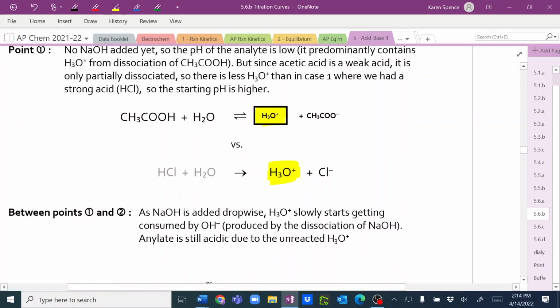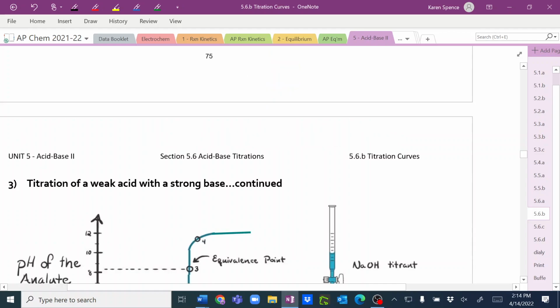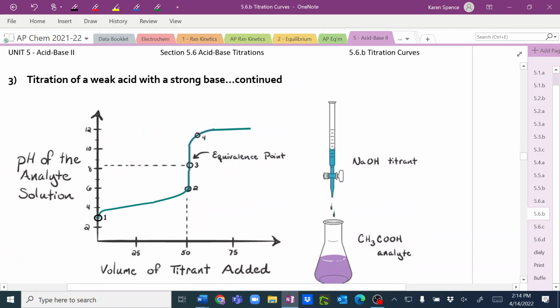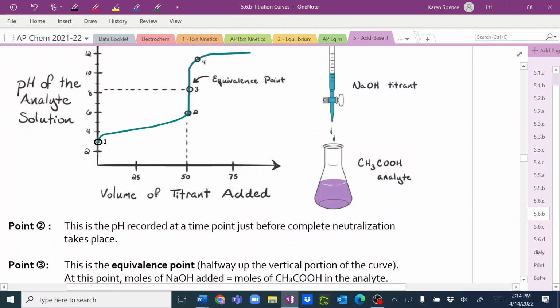Between points 1 and 2, as NaOH is added, the H3O plus slowly starts getting used up by the OH minus. Okay, and we're going to keep going here. We've got the same drawing again, so we can still refer to it. In this section here, what species are present?